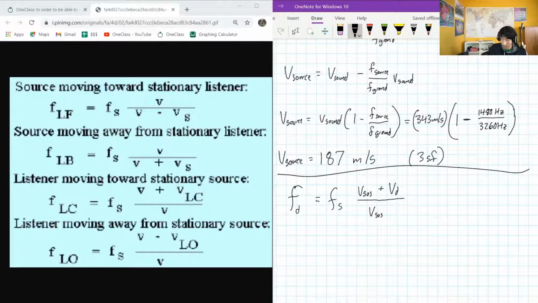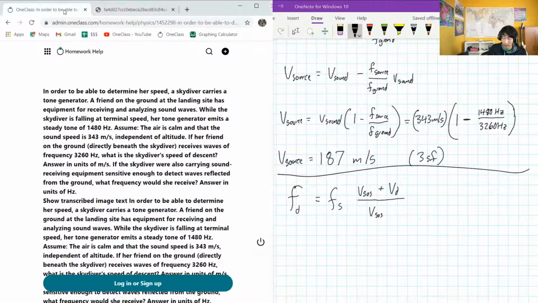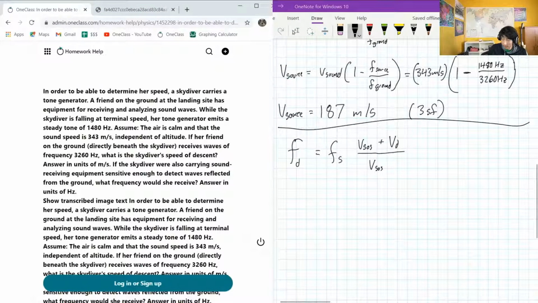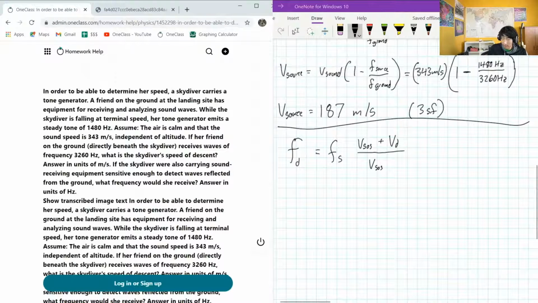Okay, so this is listener towards stationary source because we're going towards the ground and the ground is the source. Fairly reasonable. So we are trying to find the frequency as observed from the diver, and we actually don't need to do any algebra for that, and we have our V source, which is our diver, from this calculation. So this is actually fairly straightforward.